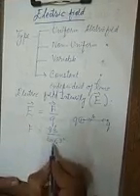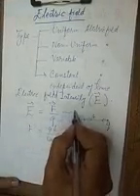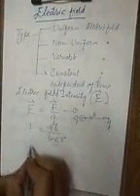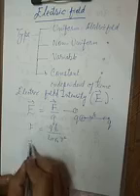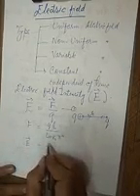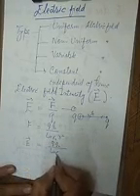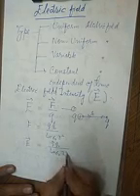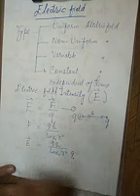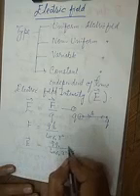So when we put the value of this F in the equation for E, then this E can be written as Q Q naught over 4 pi epsilon naught r square into Q naught into the unit vector.